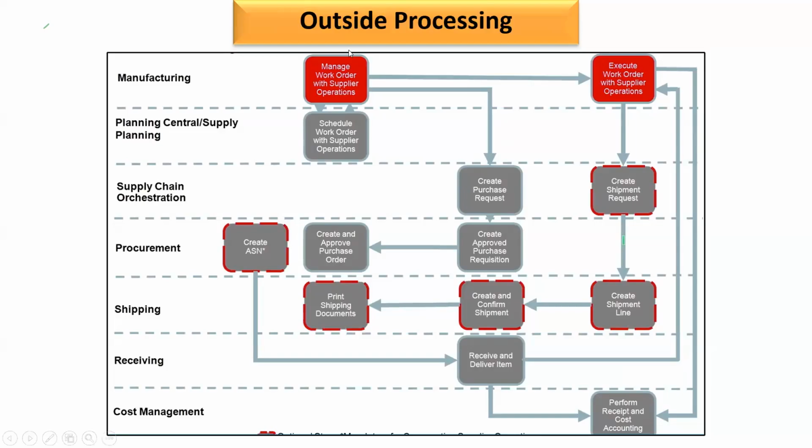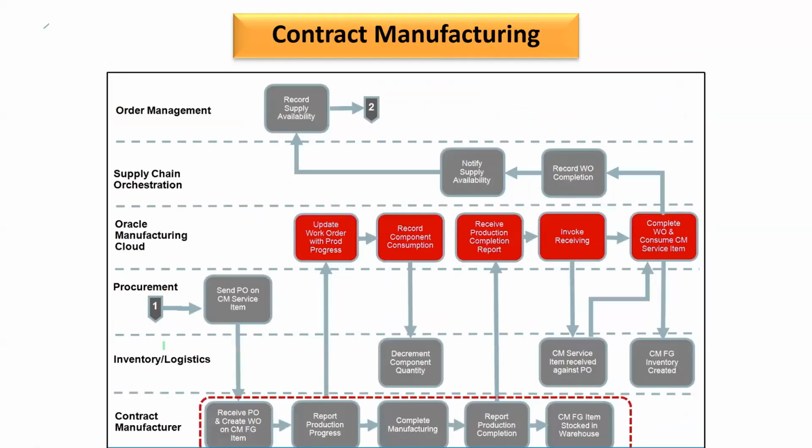Yes, it will support it; there are a lot of features in outside processing, which we will discuss. Procurement is also involved here, as you are procuring the service from the supplier. And we have contract manufacturing. In this case, we won't manufacture any item in our manufacturing plant. I will outsource completely.